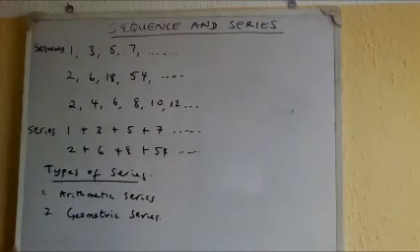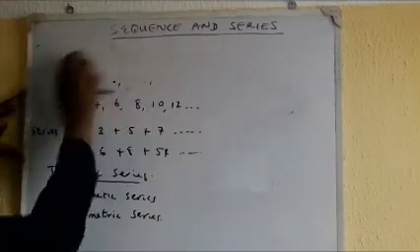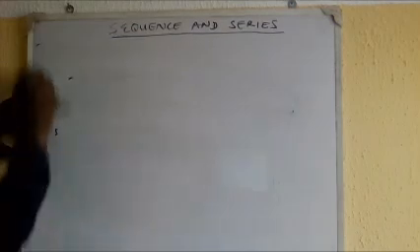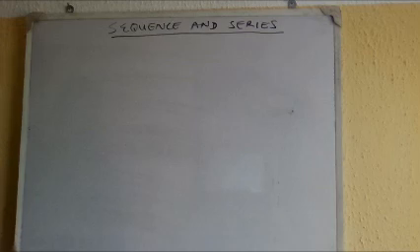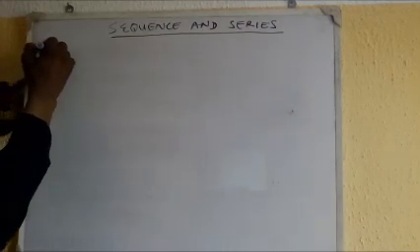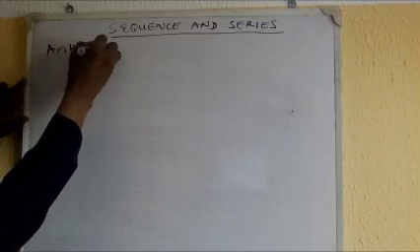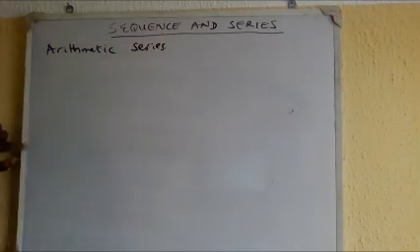So the first one is arithmetic series. We look at it and know what they are, how to identify them, and how to solve for them. I'll put on the board: arithmetic series or progression.